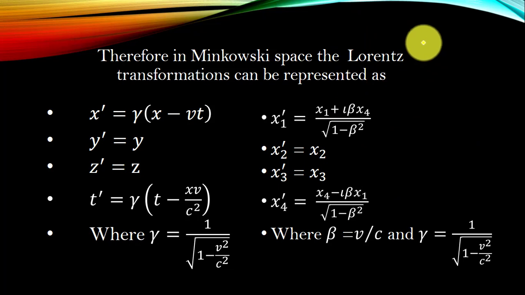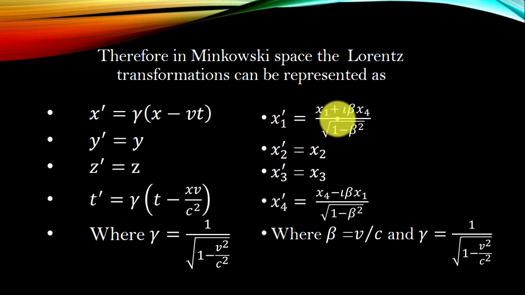So how are the Lorentz transformations represented in this Minkowski space? As you know, the Lorentz transformation in three-dimensional space, with x, y, z and t and x prime, y prime, z prime and t prime, is already known to you. What we have done here is replace x. As you know, x represents the x1 coordinate in Minkowski space. So x1 prime denotes the x coordinate of the position of the particle in the moving frame of reference.